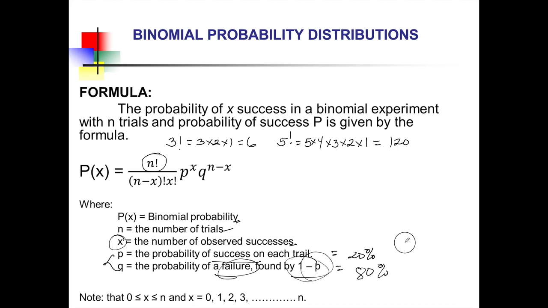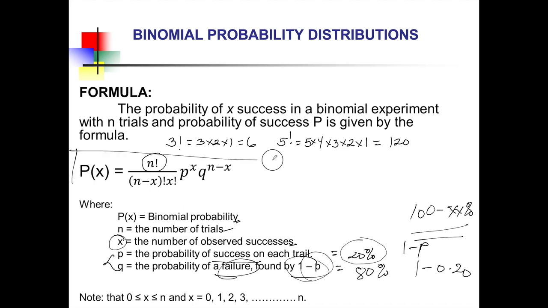Why? Because of 1 minus p, or 1 minus 0.20, or 100 minus the specific percentage. That is just the same. I hope you get the formula. Don't forget this formula. You will still use it up to your next major subjects.